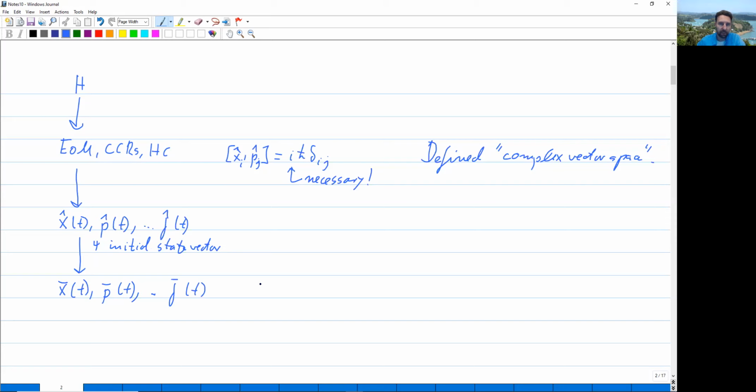Now, we observed that when we spelled it out, for example, for f bar of t, where f is some polynomial in the x hat and the p hat, its expectation value, the prediction for this value in our calculations, is given by psi star n, and then f hat of t, which in our case was a matrix.